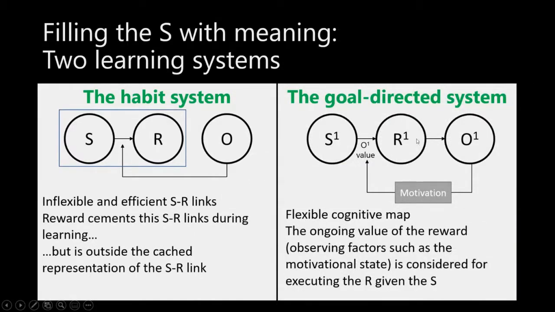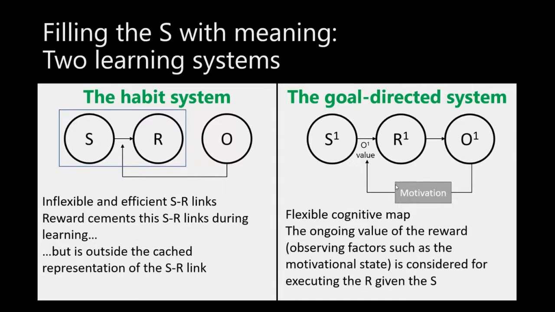And the other system is the goal-directed system, which creates this more complex map of all the events: the stimulus, the response, the outcome, and other possible outcomes, other possible responses. So it's like a map connecting all these possible events and giving value to all these possible responses.